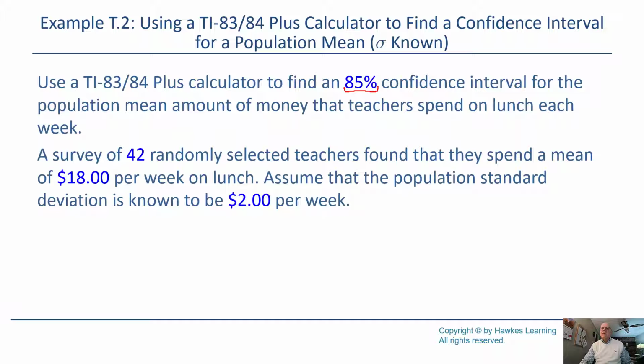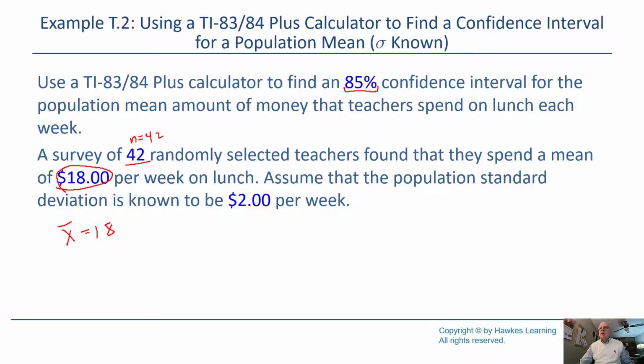Here's the setup. n equals 42. That's your sample size. And you found from your sample that $18 is the average. Since that's from a sample survey, x bar would be 18.